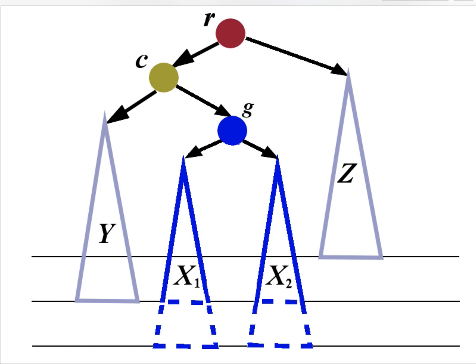And our algorithm works in both cases, whether x1 is taller than x2, or x2 taller than x1, it doesn't matter. So that's why I'm drawing them with these dashed lines, because I don't care who is taller. One of them is taller.